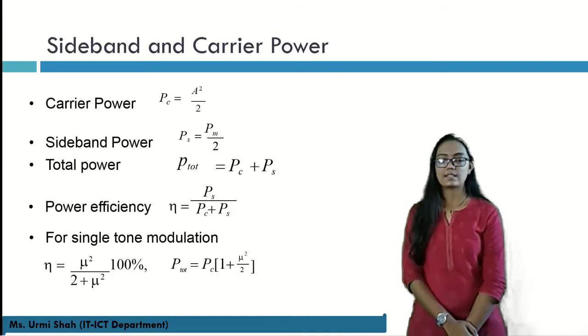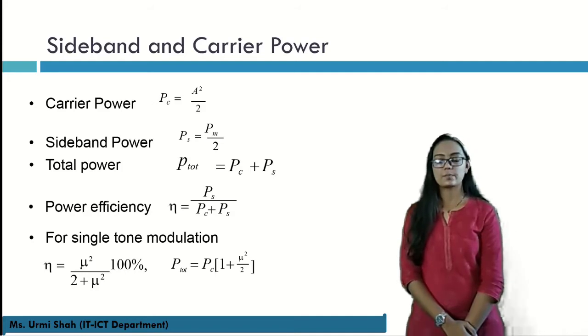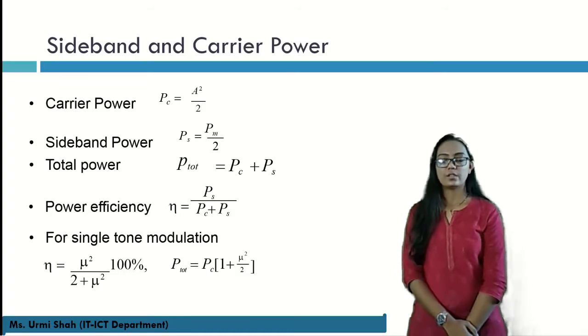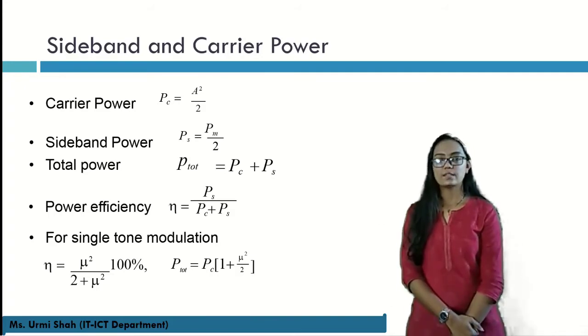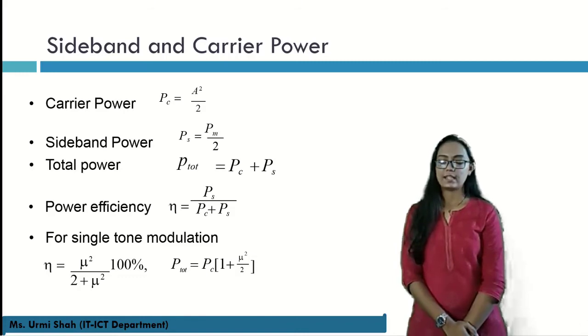So the formulation is mu square upon 2 plus mu square, where mu is your modulation index, and you can also use Ps upon Pc plus Ps if the values of carrier power and sideband power are given to you. The total power of your DSB-FC signal is Pc multiplied by 1 plus mu square upon 2. So this is the formulation of DSB-FC in terms of power, efficiency and modulation index.